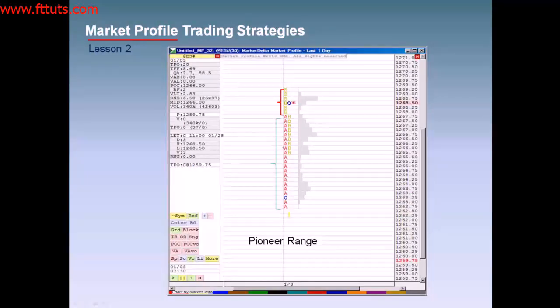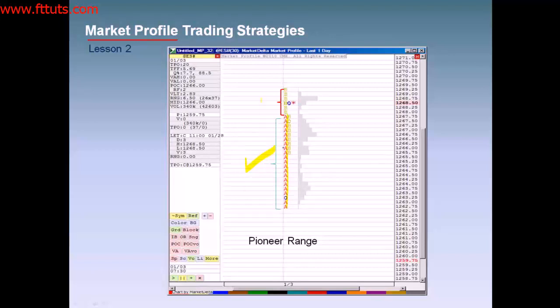All right, since a picture is worth 1,000 words, let's actually take a look at what a pioneer range means. We have two pioneer ranges here. First of all, when we only had the A period, those were all brand new TPOs in that session, and therefore they gave us our first range. And that was, in fact, a pioneer range.